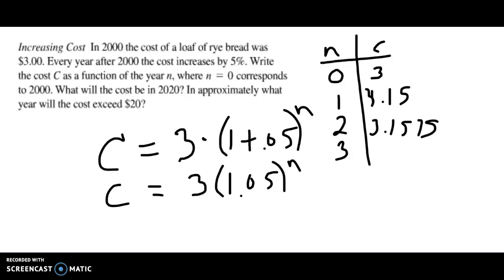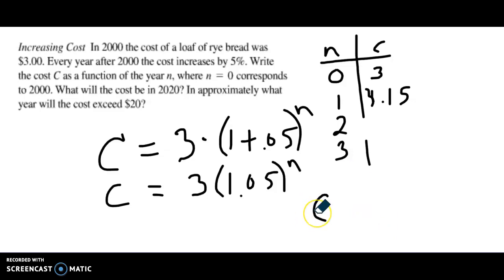If I put 2 in there, 1.05 squared times 3. You just keep going, it's the pattern. Okay, I don't think I actually did the year 2 correctly. It keeps increasing by 5%. So I forgot to add the 3.15. Sorry.